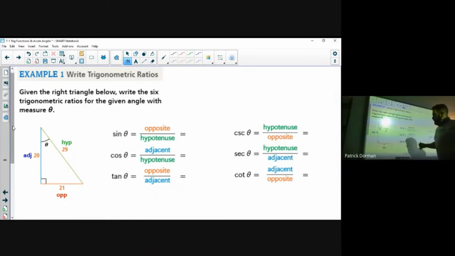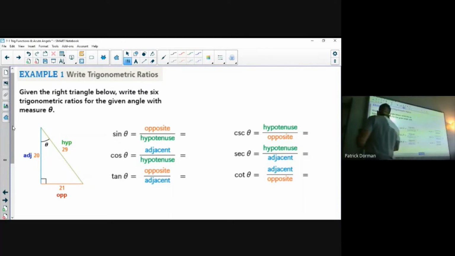So our opposite is here. You have your opposite written here, and you have your adjacent written. And oftentimes it's difficult to realize which is which. I think maybe as we go through a few of these, it'll become clear.